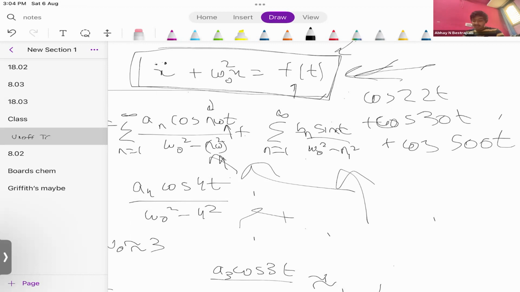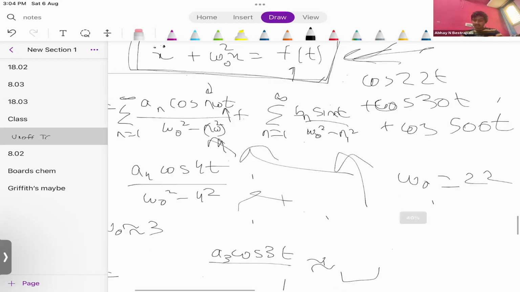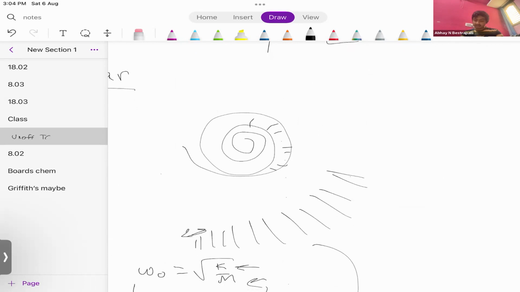The specific hair in the bone which has omega naught equal to 22 will move with the highest amplitude, so it will send the strongest signal. Similarly, the hair with 22 will be here, the hair with 500 will be here, the hair with 30 hertz will be here. These hairs will send the strongest signals because they're moving the most, because of this resonance, because their omega naught is very close to one of the omegas that f(t) has.